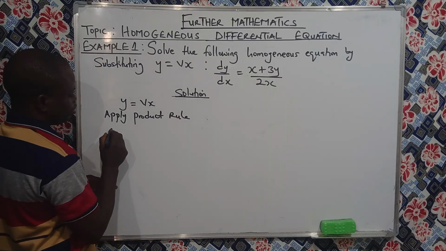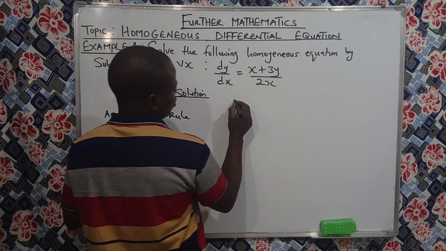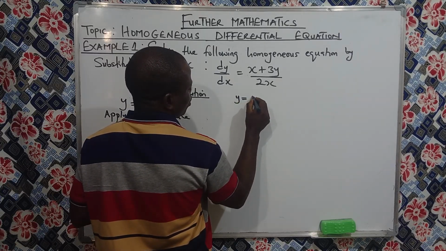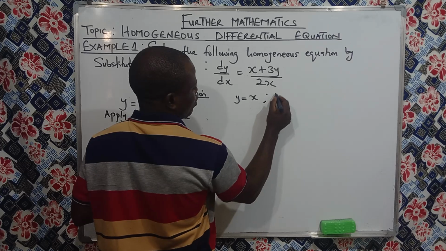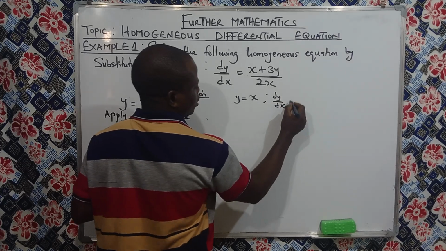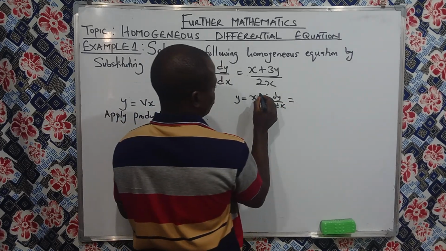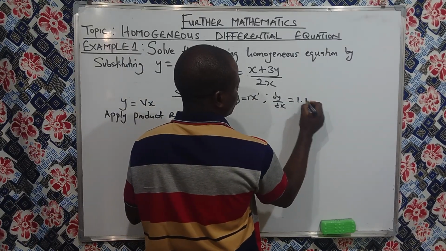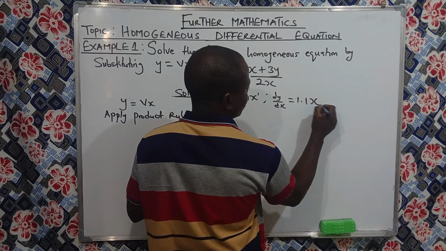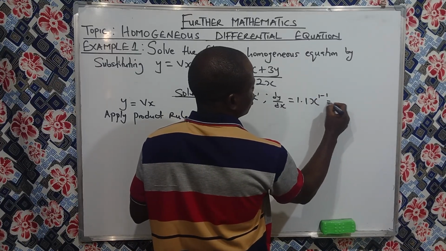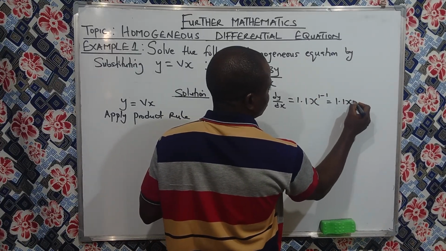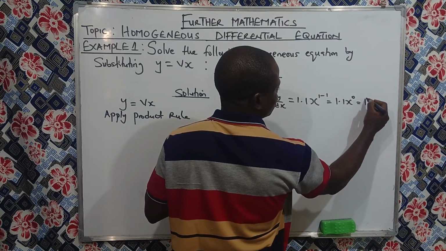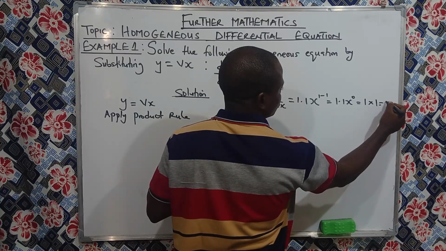When you apply the product rule, don't forget that when you are differentiating x, let me say you have y equals x, dy/dx equals 1 times x raised to 1 minus 1, which is 1 times x raised to 0. Anything raised to 0 is 1, so 1 times 1 is 1.